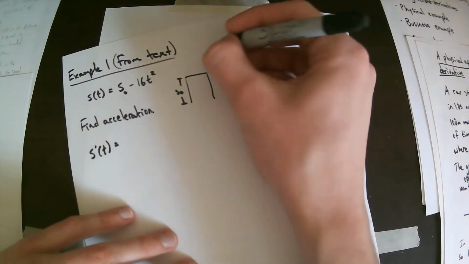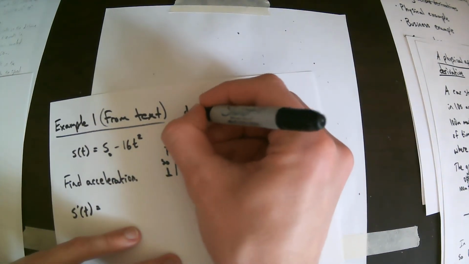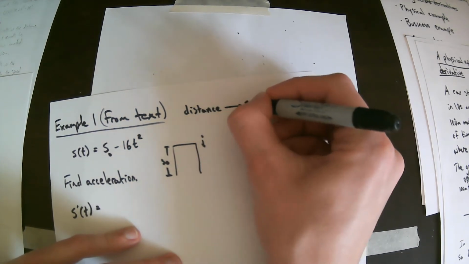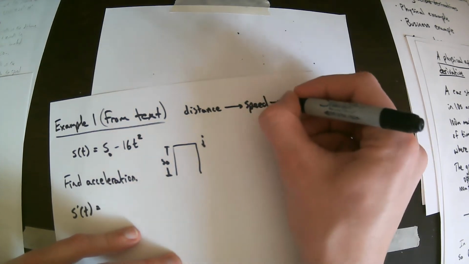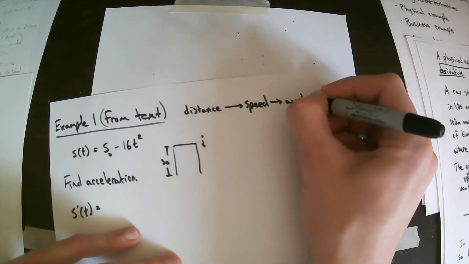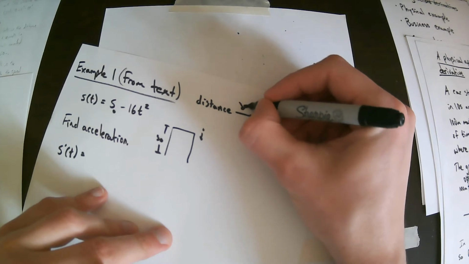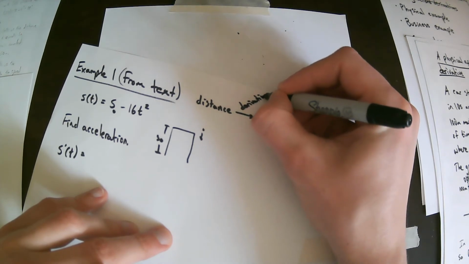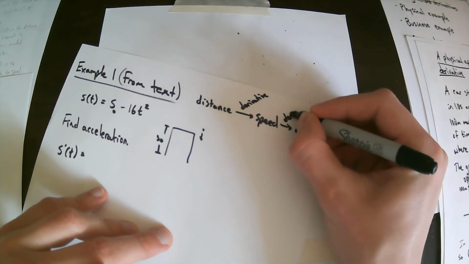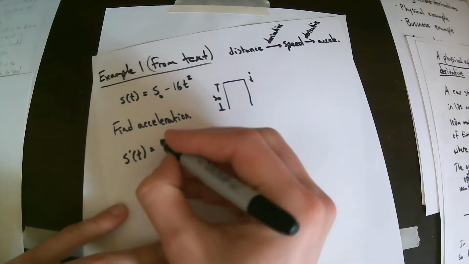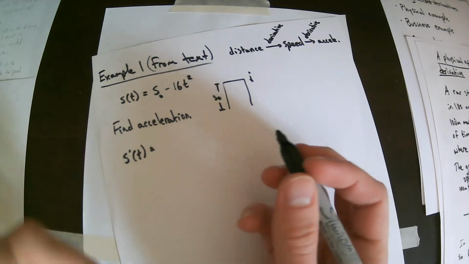So we go from distance to speed to acceleration by taking derivatives. So first derivative, that s naught is going to go away because it's constant.